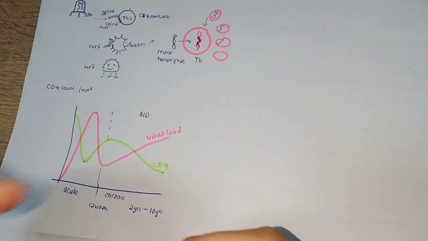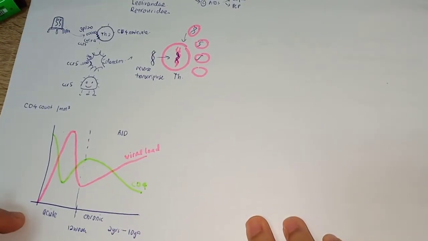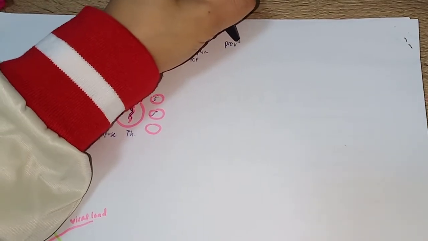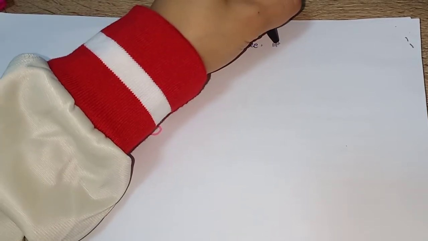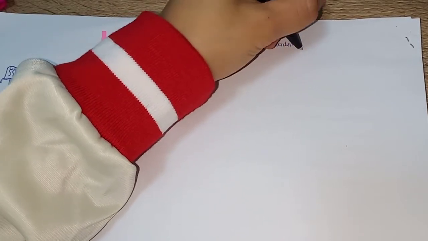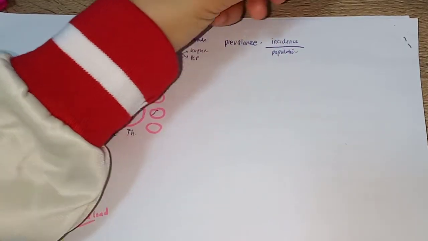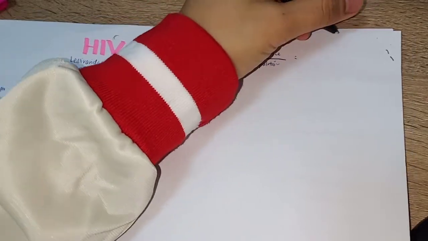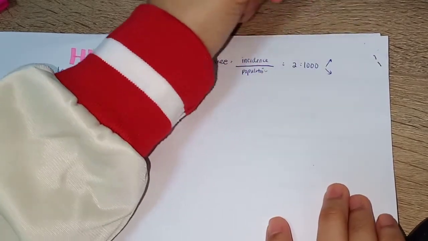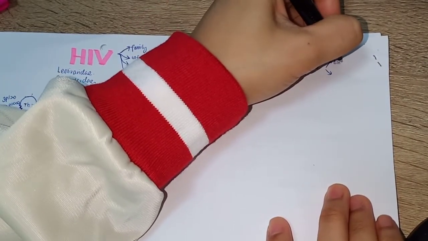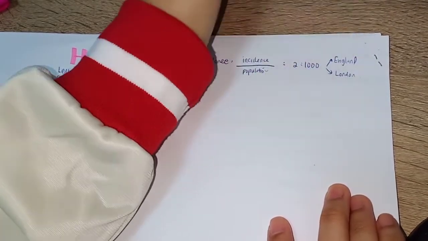So how do we test? Let's talk about the prevalence first, which is the number of cases of HIV in the population. The prevalence in the UK, because we are studying for MRCOG, is 2 in 1,000. The prevalence is different between England and London, with the England prevalence being higher compared to London.